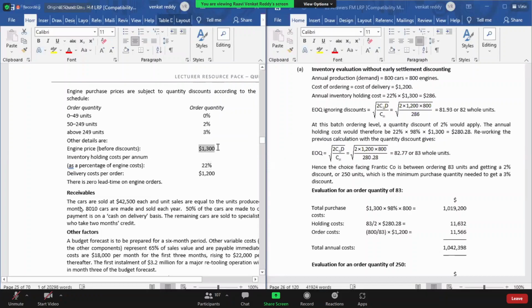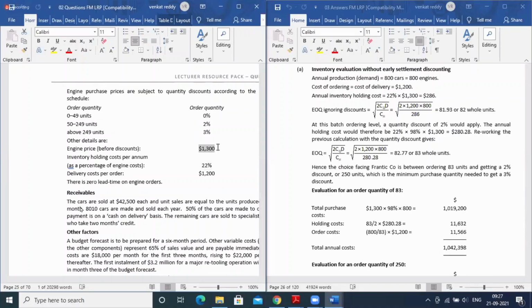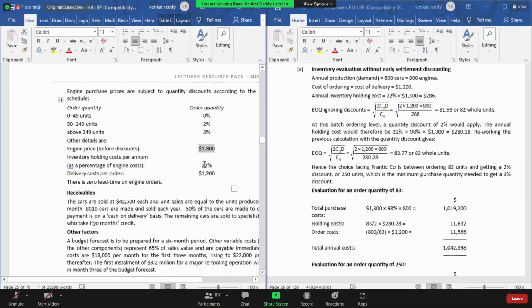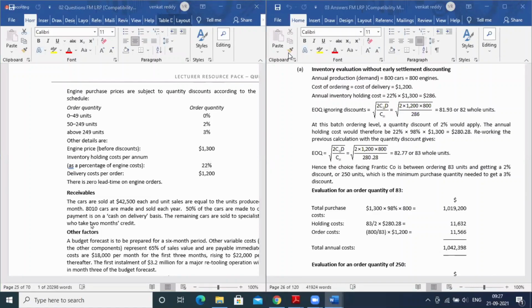We need to deduct the 2% discount, so 1300 minus 2% discount, and on that we will be calculating 22%. So the 2% discount is nothing but 1300 into 98%, and on that 22%. Is that clear, or do you want me to put it in an Excel sheet, Srivardhani? Okay, done. Any other queries on these two EOQ calculations?